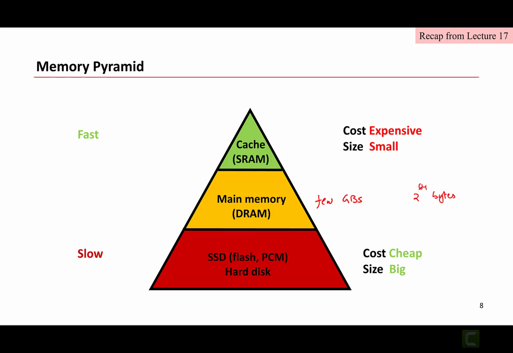So far we have talked about the interface between cache and main memory, how the processor manages the data movement, and today we're going to talk about the interface between main memory and hard disk. And it turns out that it's not the processor that manages this transaction, but it is the operating system that manages this transaction.